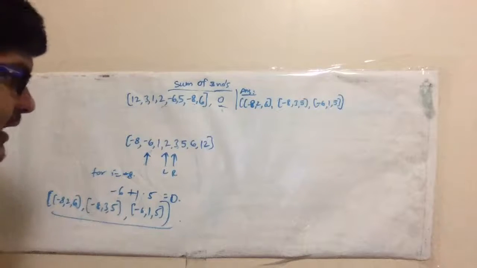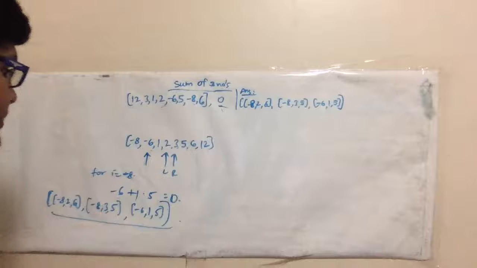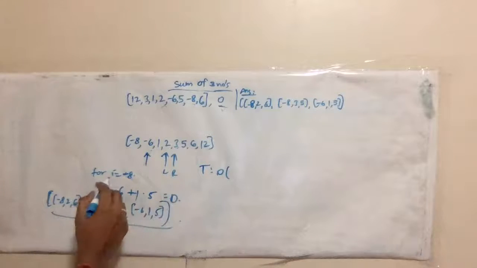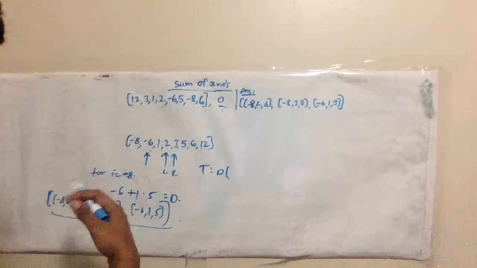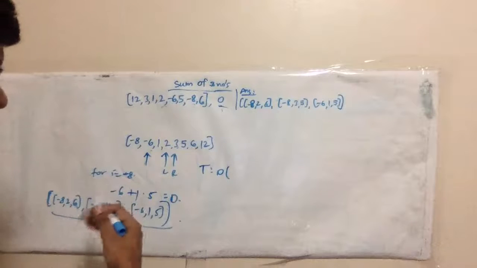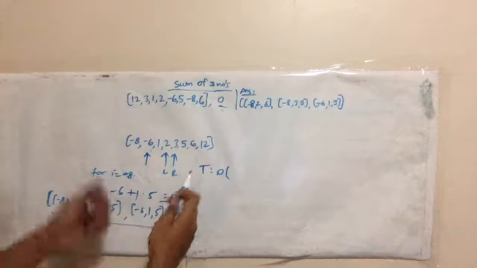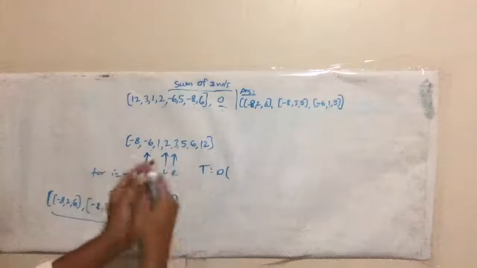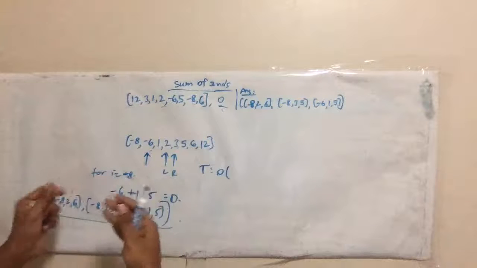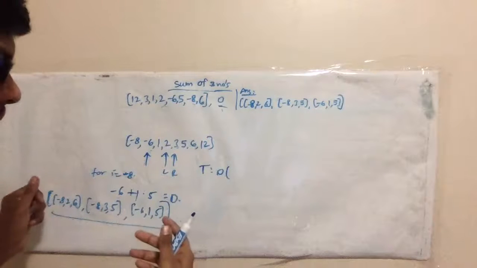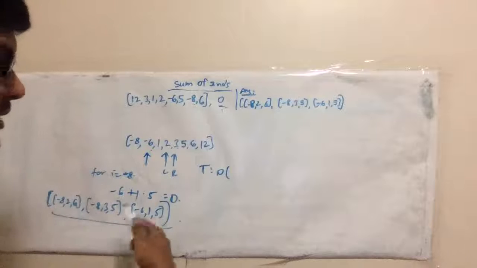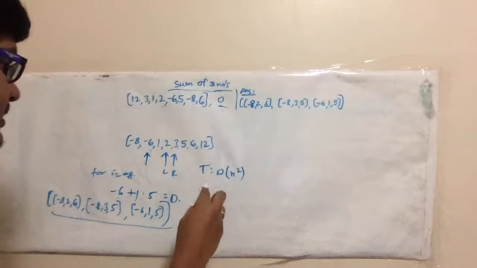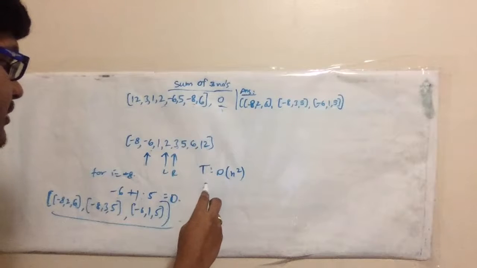So what is the time complexity? It will execute the outer loop n times. And what is the inner loop doing? It is moving through the left and right pointers, so it is almost taking n times. So the outer loop and inner combinations will make O(n squared) time complexity. This is the efficient approach we have discussed.